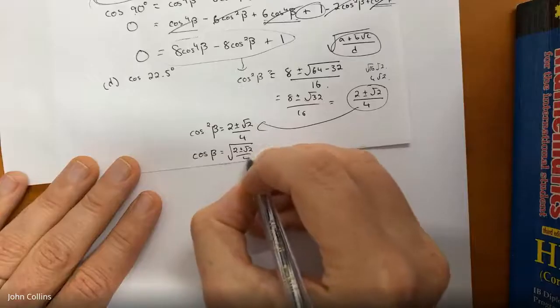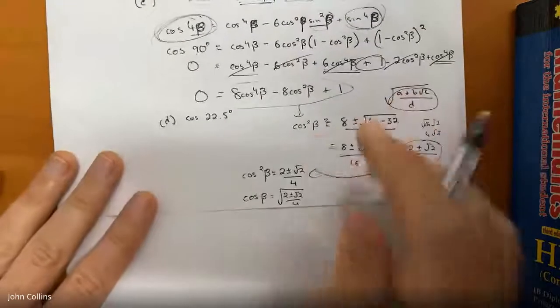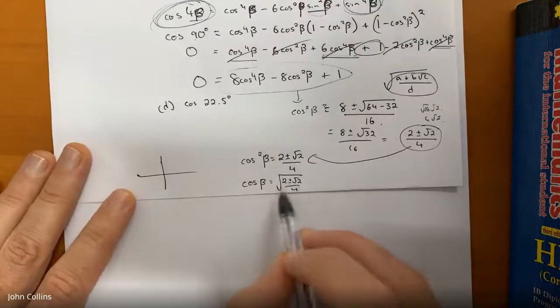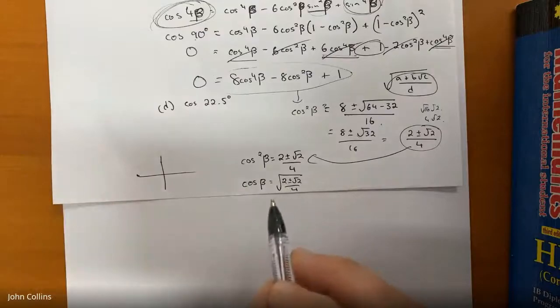You would take, with where 22.5 is, you would take, I don't know. Well, think about beta. What 2 answers is this going to give?